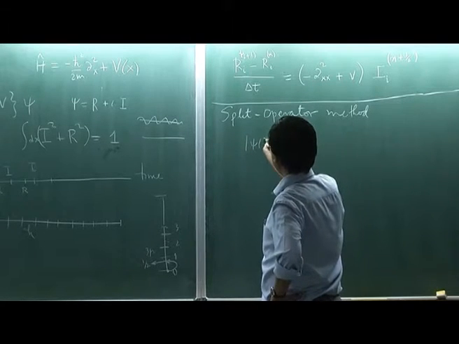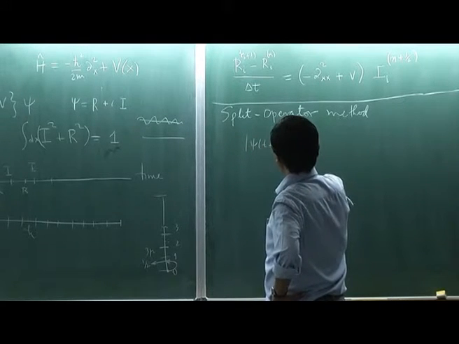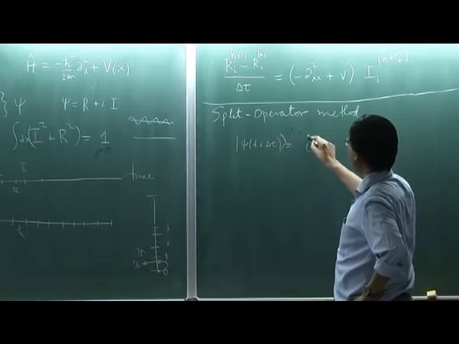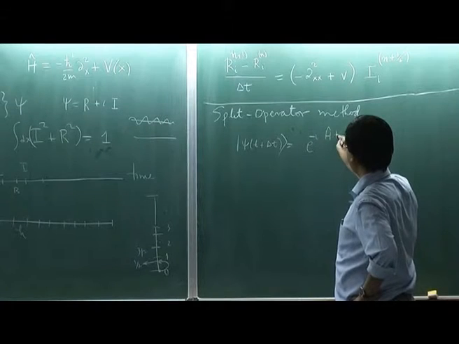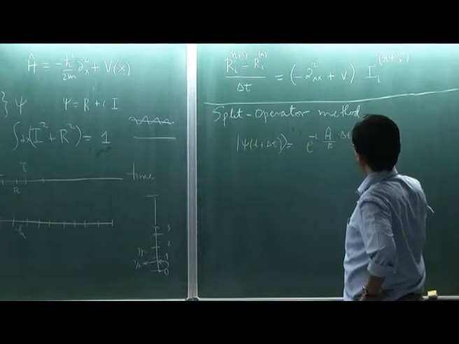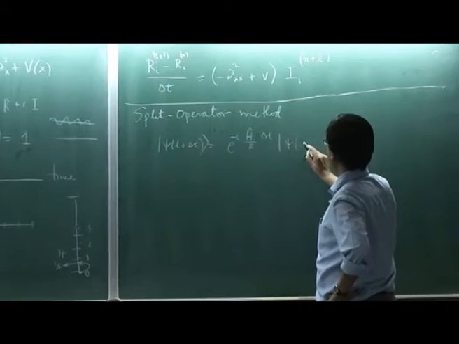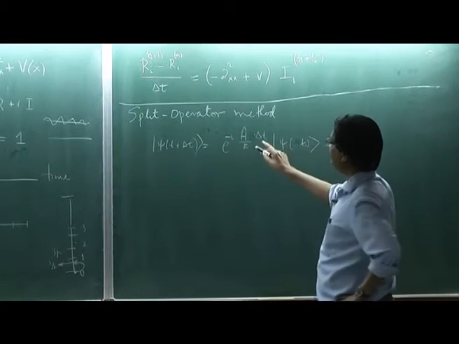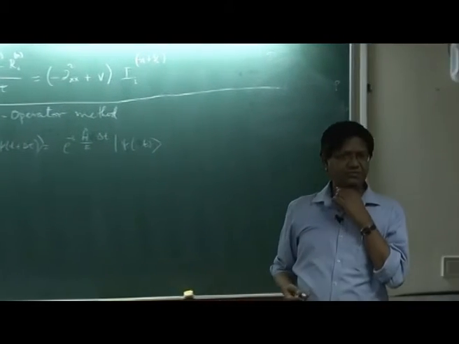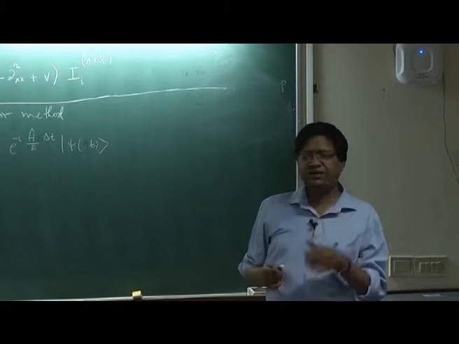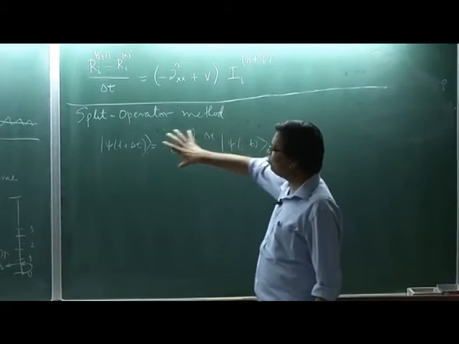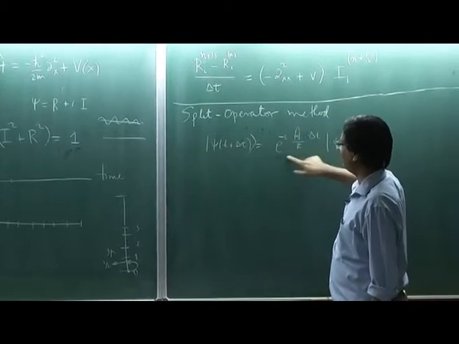We can get psi at t plus delta t in operator form as e to the minus i H t by h bar, acting on psi. So this is an operator equation. Given the wave function at time t, I can go to time t plus delta t, and this is the evolution operator.